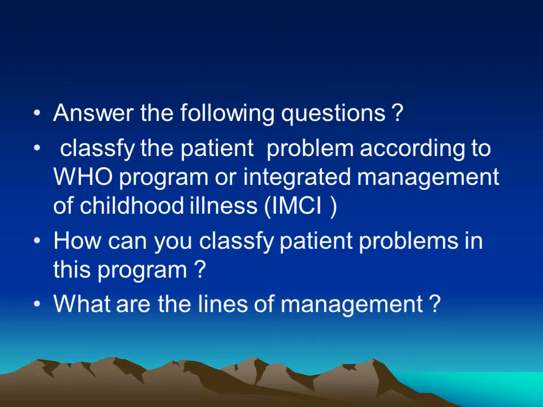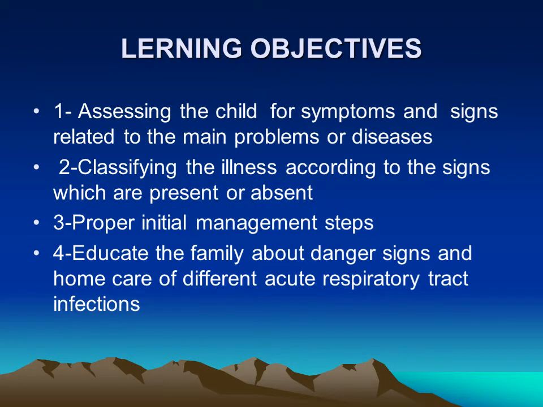From this lecture, our learning objectives are: you should assess the child for symptoms and signs related to the main problems. You should classify the illness according to the signs which are present or absent. You should take the proper initial management steps, and educate the family about the danger signs and home care of different acute respiratory tract infections.